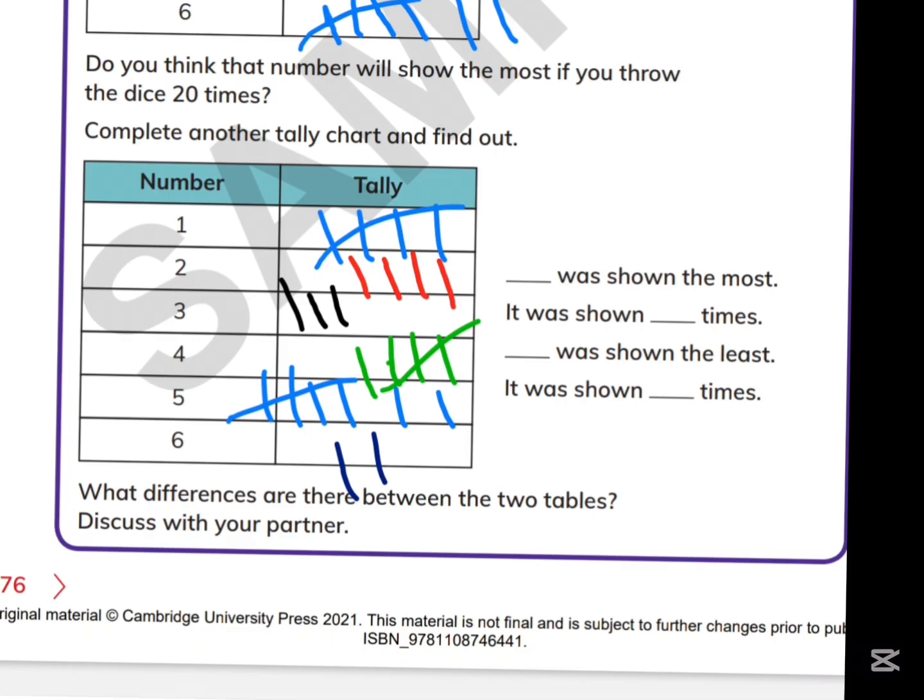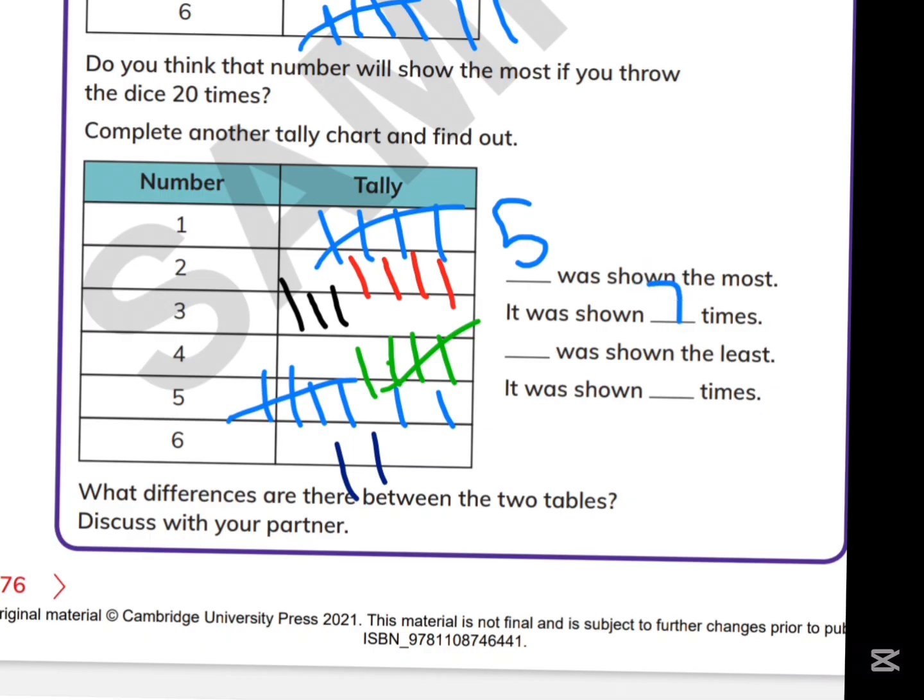All right, this is how we are making the tally chart. Now we are solving. Dash was shown the most. Which was shown the most? 5. So we will choose the same color. You can see 5 comes 7 times, so 5 was shown the most. It was shown, how many times it was shown? 7 times.